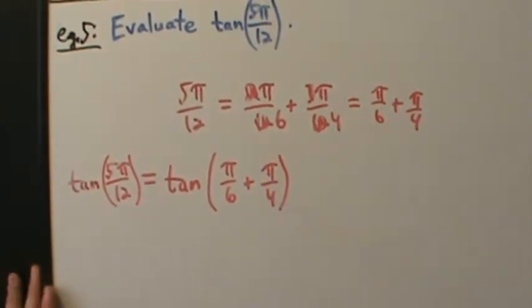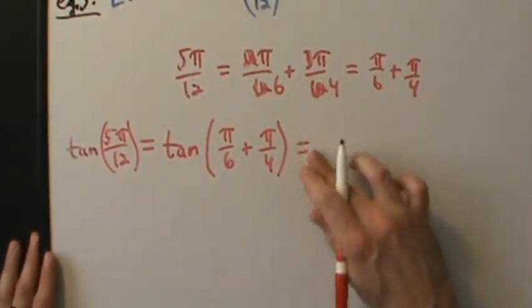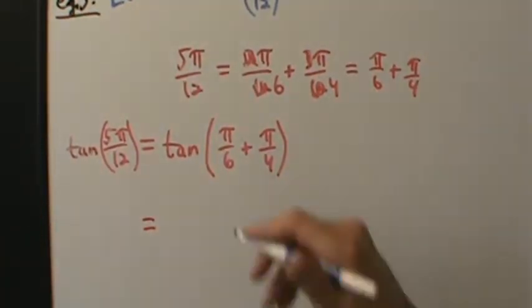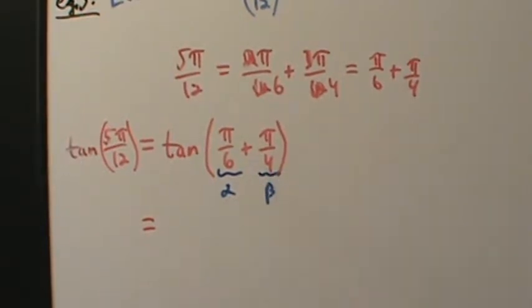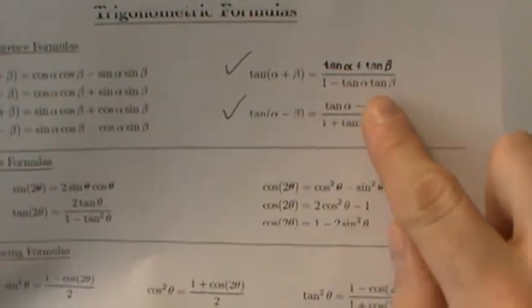Okay, so now we're just pretty much going to use the formula, so let's maybe come down here. So we have tangent of, here's our alpha, and here's our beta. So it's tangent of alpha plus beta, so we're going to be using this formula up here. Tangent of alpha plus beta is the tangent of alpha plus the tangent of beta, all divided by 1 minus tan alpha tan beta.